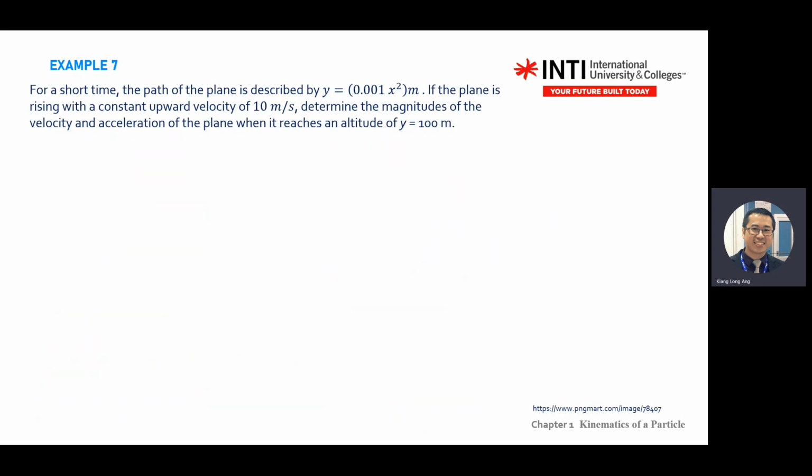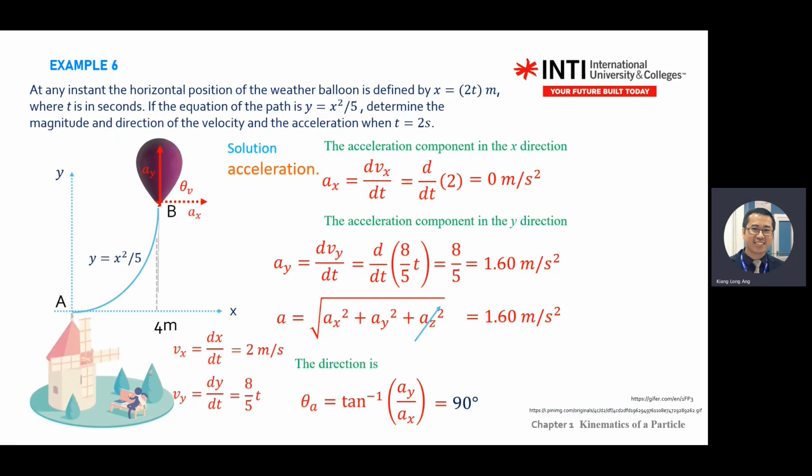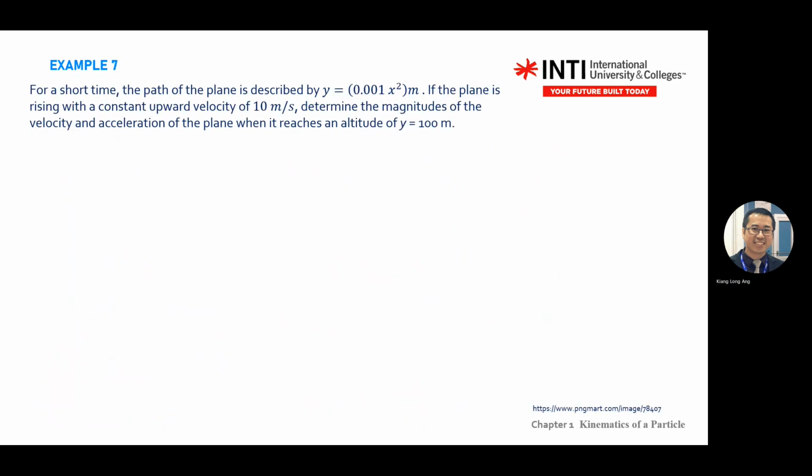What else? Okay, then you label your diagram ay with an arrow. It means there's a resultant acceleration there. Okay. One more example, then we stop. So you have a plane.